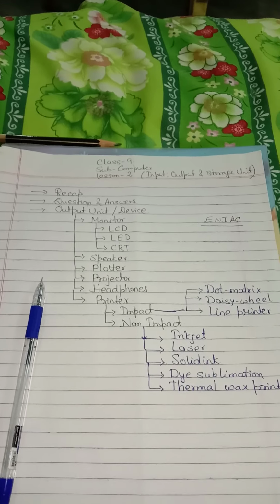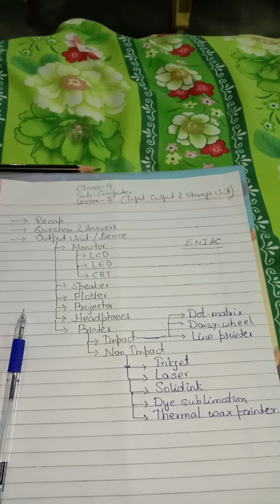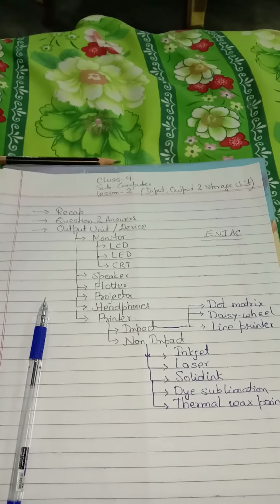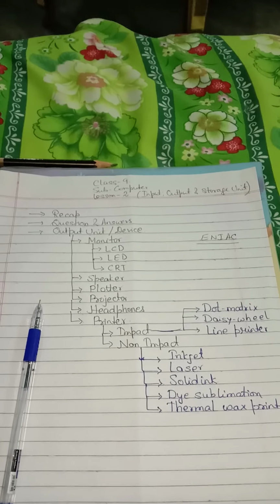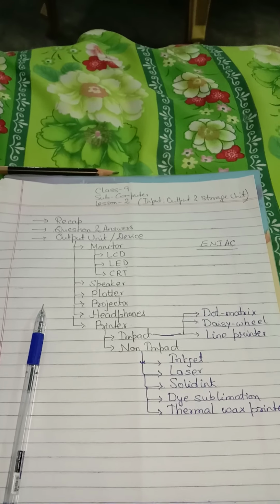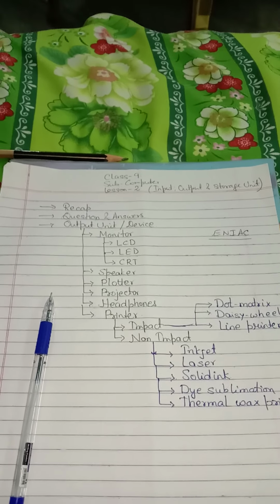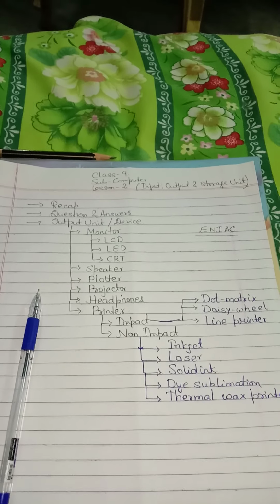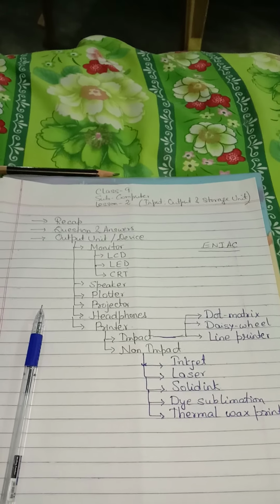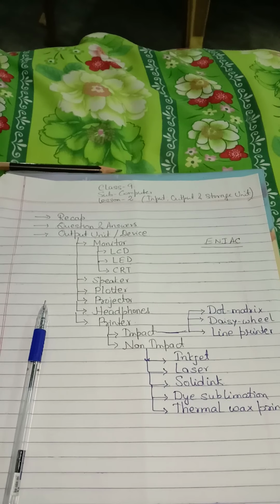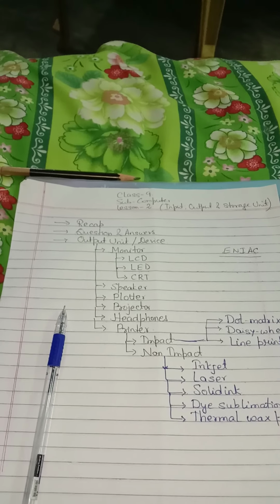The input devices that I discussed were keyboards, the different types of keyboard, mouse, the different types of mouse, joystick, light pen, or we can also say the other name of light pen is stylus, scanner, the different types of scanner, digitizer, microphone, magnetic ink card reader, optical character reader, optical mark reader, barcode reader, magnetic reader, digital camera, web camera.